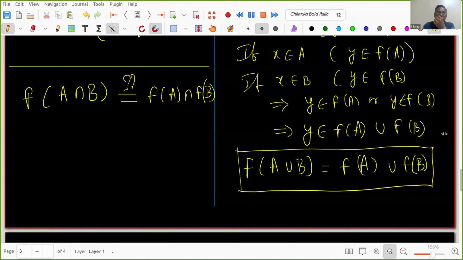Suhani, you want to say something? Go ahead, Room number 4. Sir, for the proof of this, firstly we have to say that both are subsets of each other.